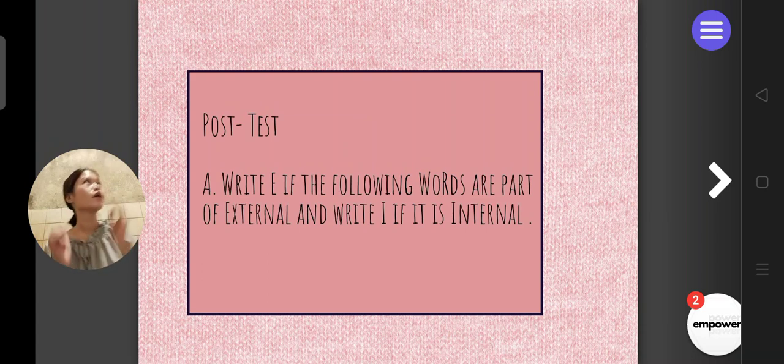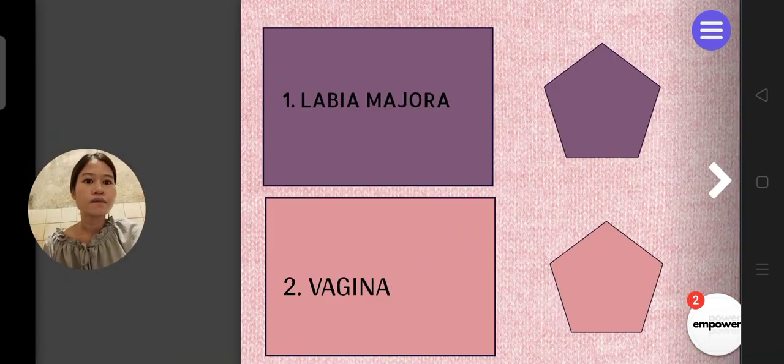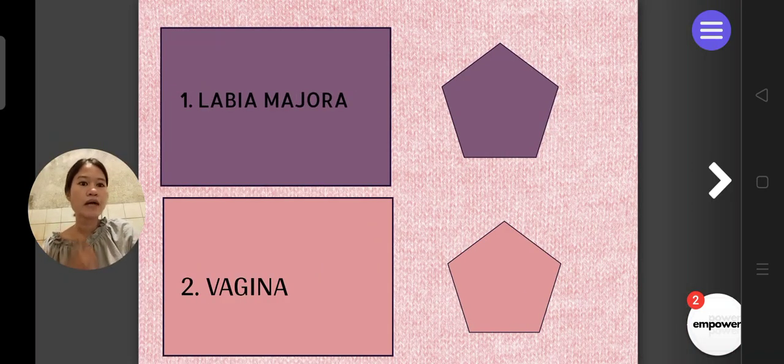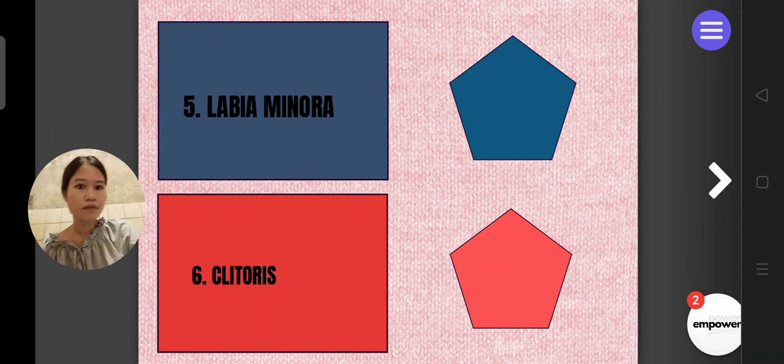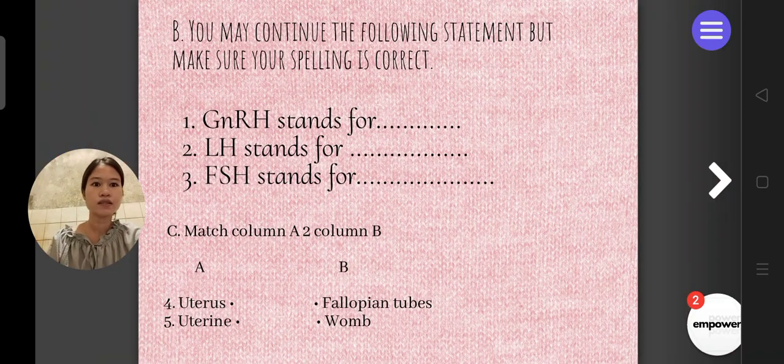So I also prepared a post test. This post test has 3 parts. Set A, write E if the following words are part of the external, and write I if it is internal: labia majora, vagina, Bartholin glands, uterus, labia minora, and clitoris.